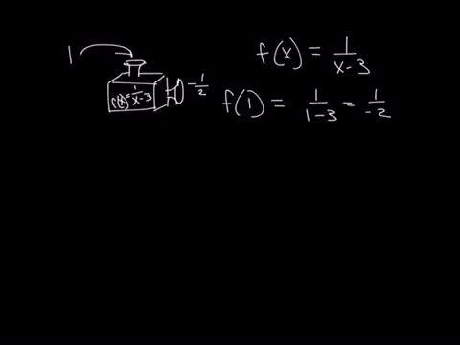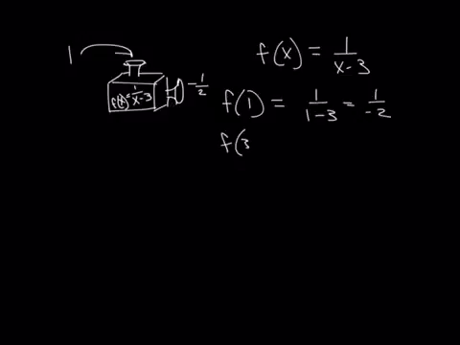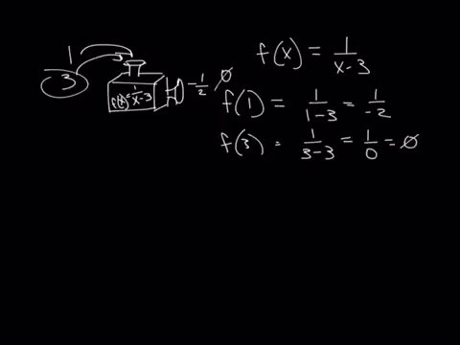All right, let's put in f of 3. So I'm going to take a 3, dump it in the function machine, and see what it kicks out. 1 over 3 minus 3 equals 1 over 0, which is undefined, right? So when I put in a 3, it kicks out a number that's not defined. That being the case, the number 3 is not in the domain of f.